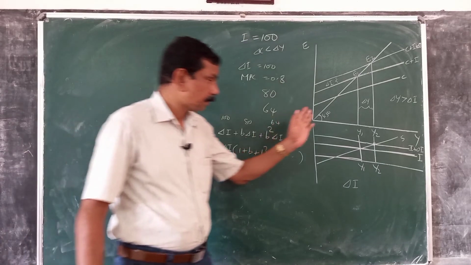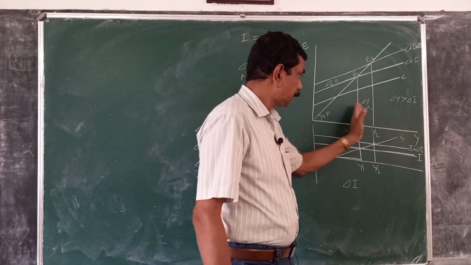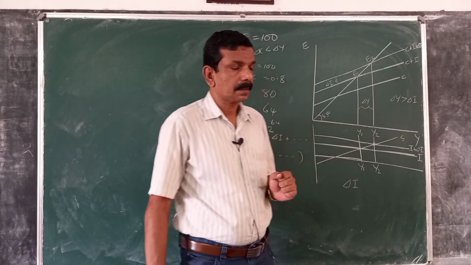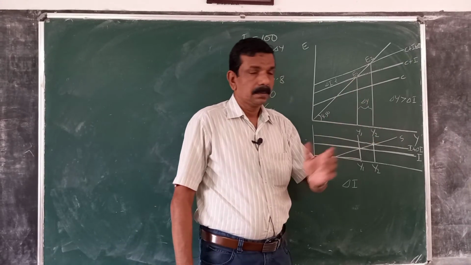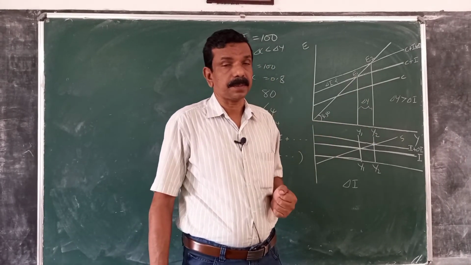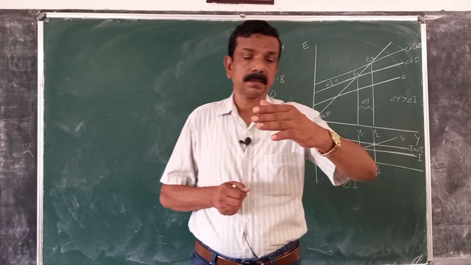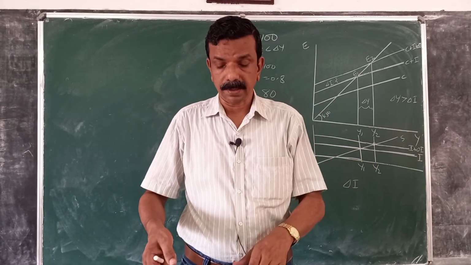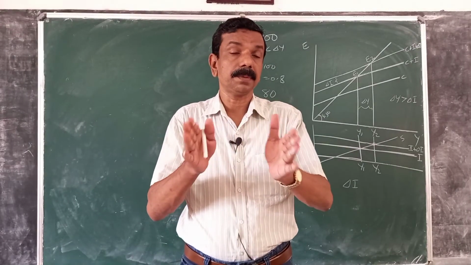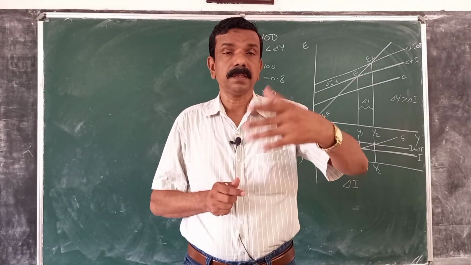So the ultimate increase in income is a multiple of the initial increase in investment, and the value of this multiple is known as the investment multiplier.